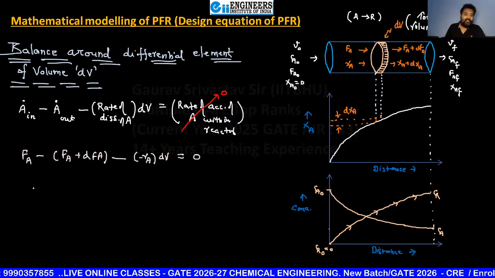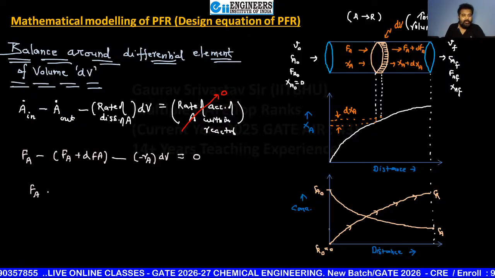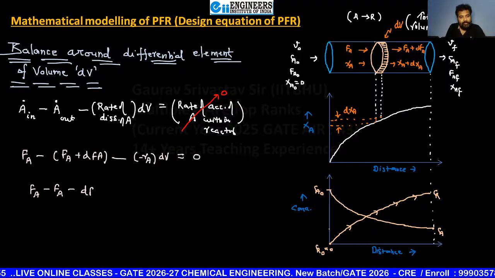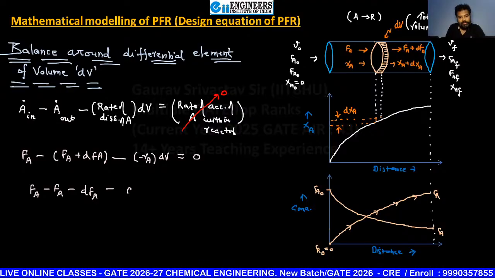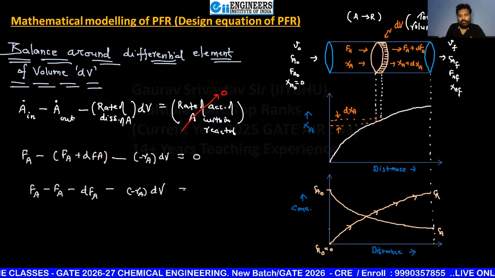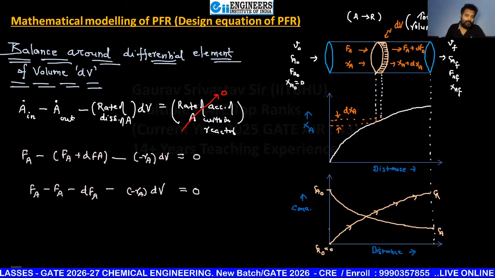Now you can open this bracket here. So FA minus FA minus dFA, and minus this minus with RA is a symbol here. Okay, here we are dealing with this like symbol.